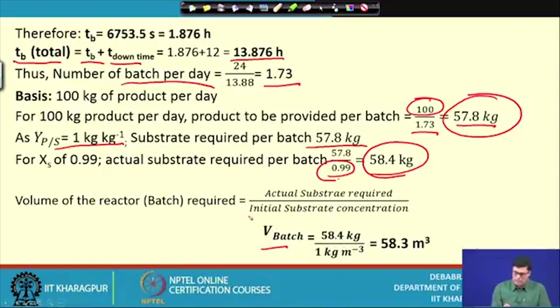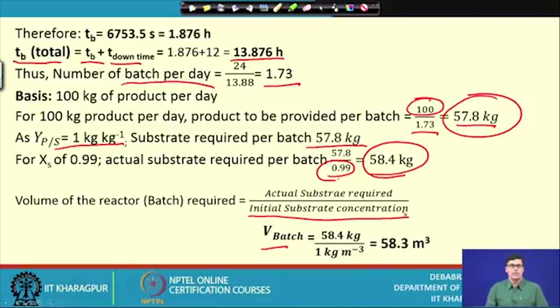Now the initial substrate concentration is not given in this problem, but a certain criterion is given: since your substrate is very costly, they are saying that the substrate is the limiting factor. So we assume the maximum possible substrate concentration to get the maximum amount of product. What will be the maximum substrate concentration?